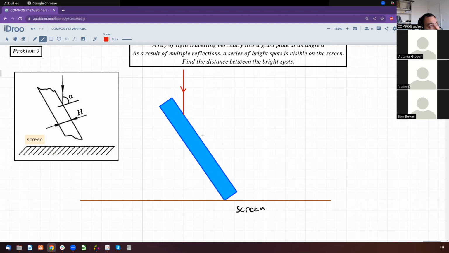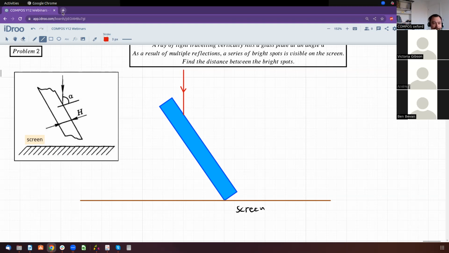That would be, you would see a dispersion pattern. Basically, you would see a spectrum of colors. But let's say we're talking about monochromatic light.